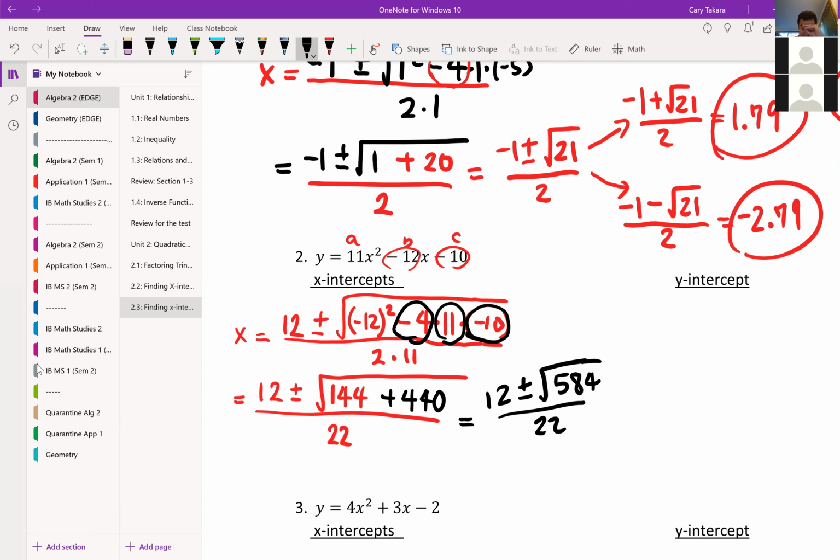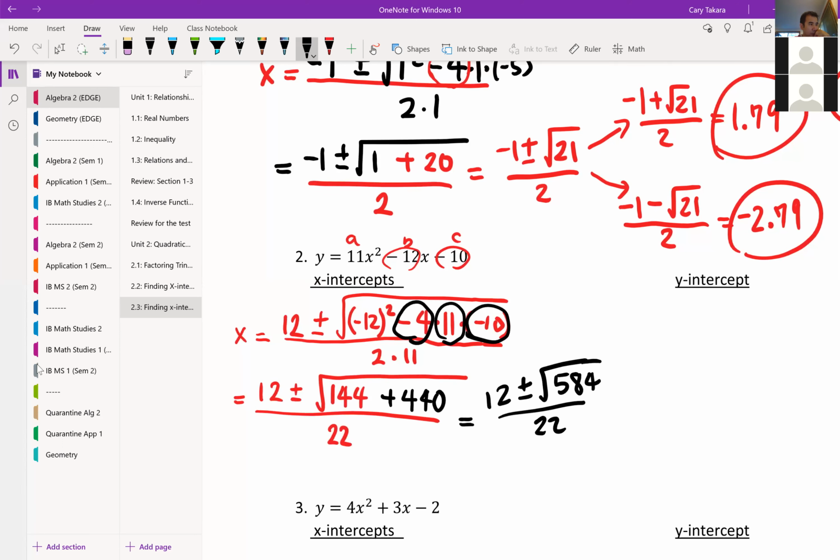Okay, that was kind of a big number. Oh, it's negative b plus minus square root of b squared minus 4ac, over 2a.